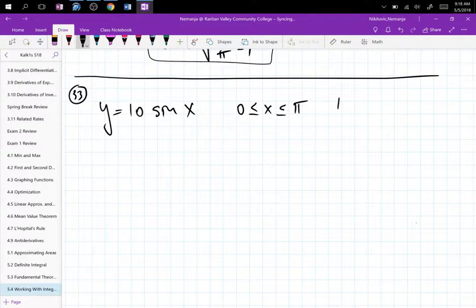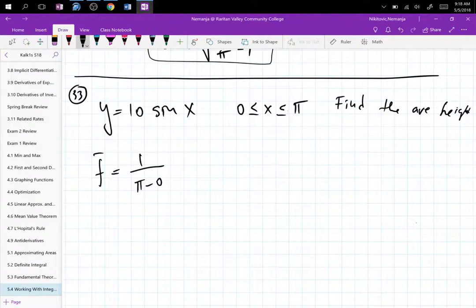So find the average height. Well, you have the height function, and you just say, all right, the average value of f is 1 over pi minus 0, integral 0 to pi of 10 sine x dx.